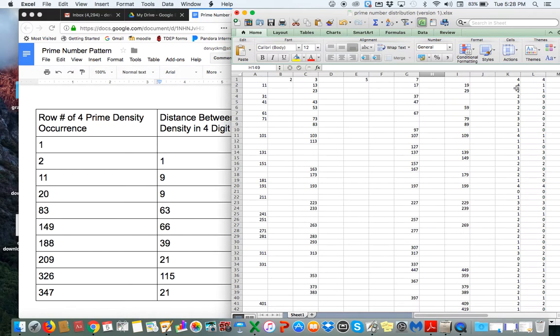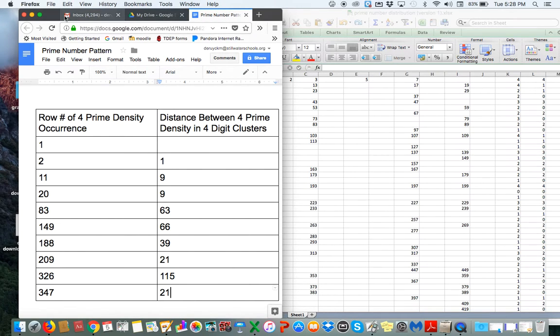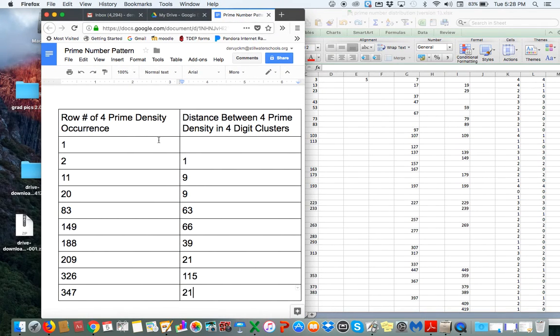So the two clusters that I was most interested in are 4 prime number density clusters and 3. So the places in the number line where there's higher density prime numbers. And I wanted to look at the distance between those clusters, as you can see over here in this little table I put together.